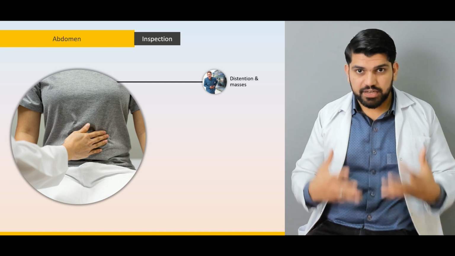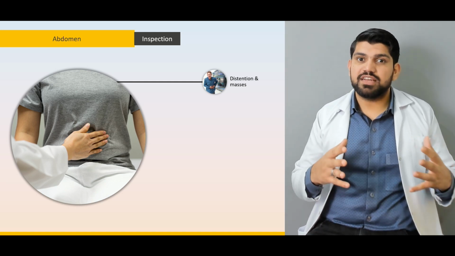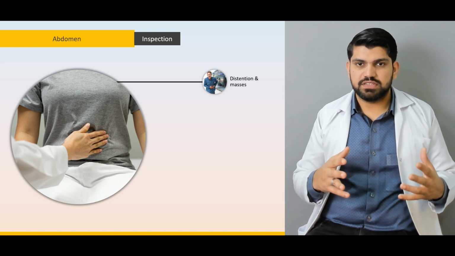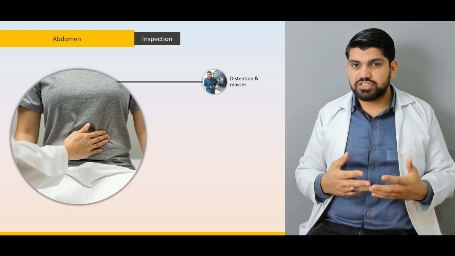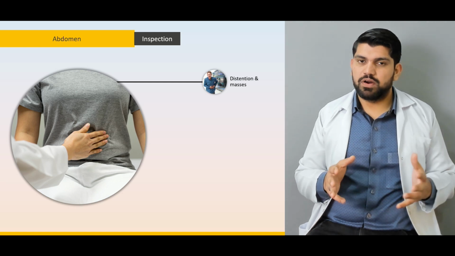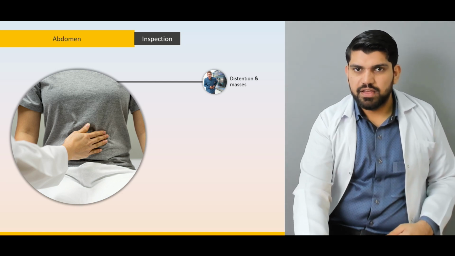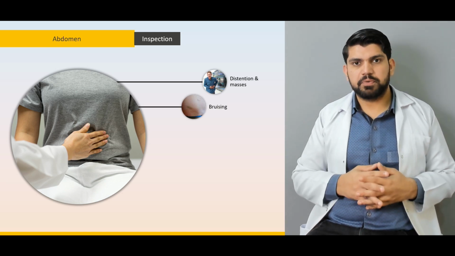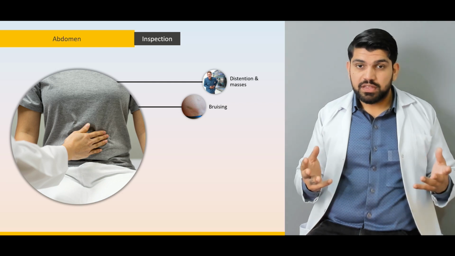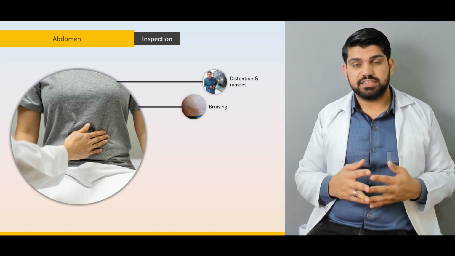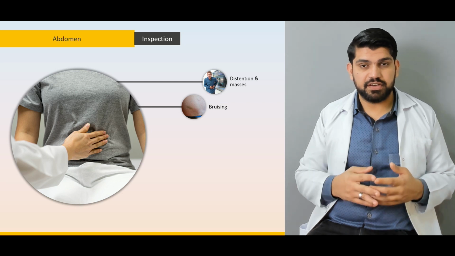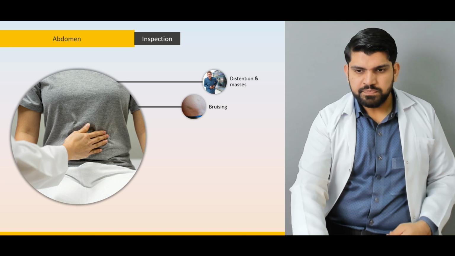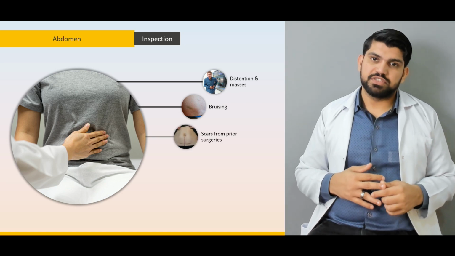Look for any abdominal distension that cannot be explained by other causes, or any distension that you think is abnormal. You can also inspect for bruises, for example, trauma, Cullen's signs, genitourinary signs. These are important and will be explained further in the respective diseases. Any bruises, any ecchymosis around. Scars for prior surgeries.